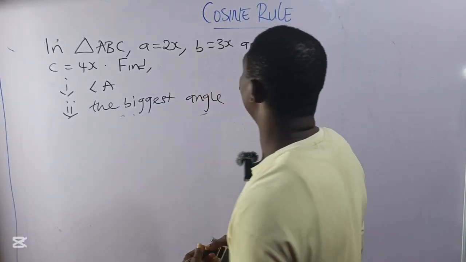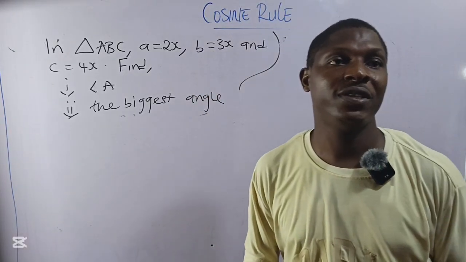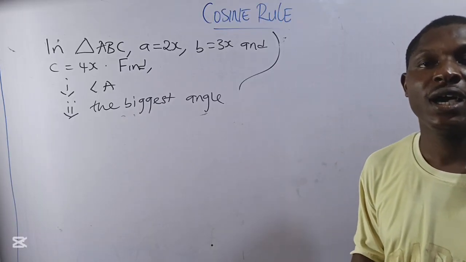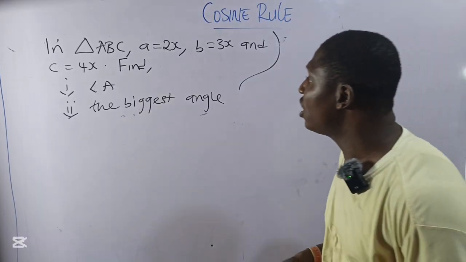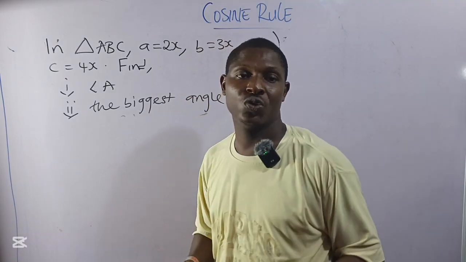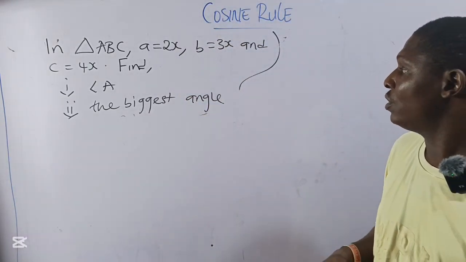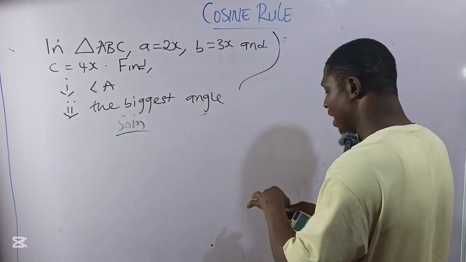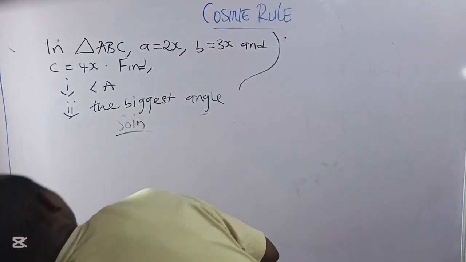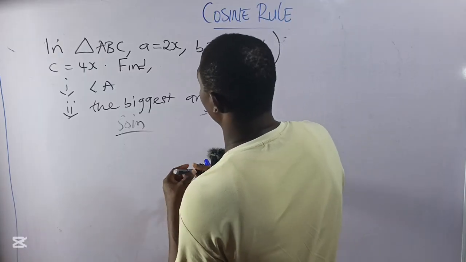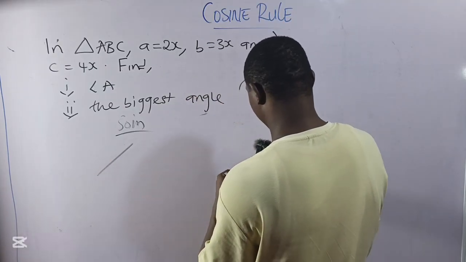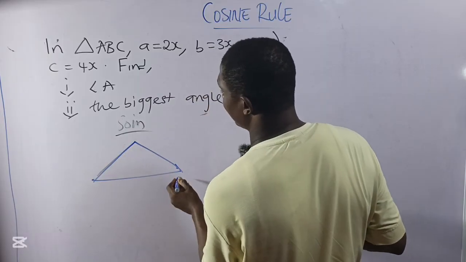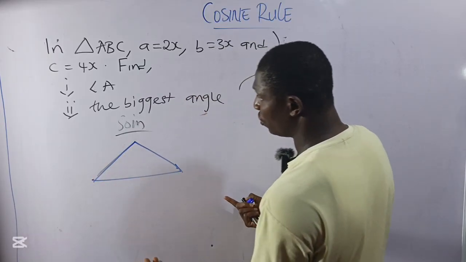We have a question on the board, and it says in triangle ABC, A is equal to 2x, B is equal to 3x, and C is equal to 4x. It said we should find angle A, and also we should find the biggest angle. So, like I normally do, I want us to have the diagram drawn. If I have this as my diagram, this is the longest side using your eye.